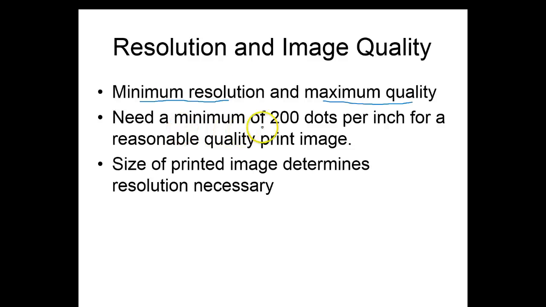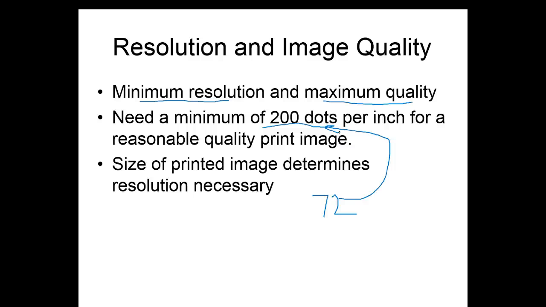Because basically we need 200 dots per inch for a reasonable quality print image. In fact, if you're going to just simply look at the pictures on a screen, 72 dots per inch is basically what you get on a typical computer screen. And then compare that, so if you want to print, you need a little better resolution. You want about 200 dots per inch to get a decent looking print image.